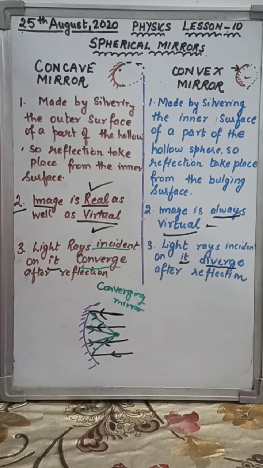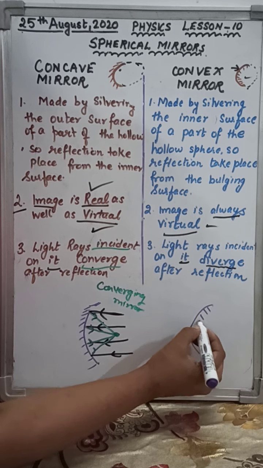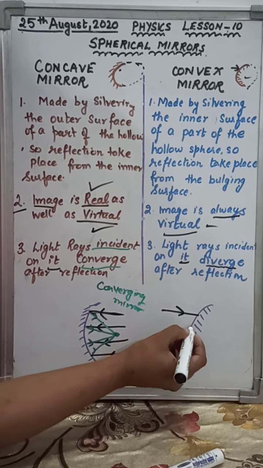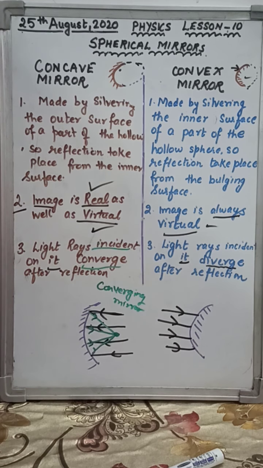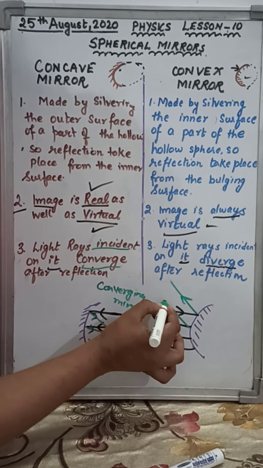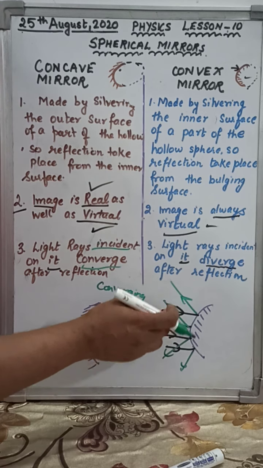Next, the convex mirror. Now for the convex mirror, if the incident rays fall, after reflection they will all diverge. That means they will all move away from each other. They will not meet.